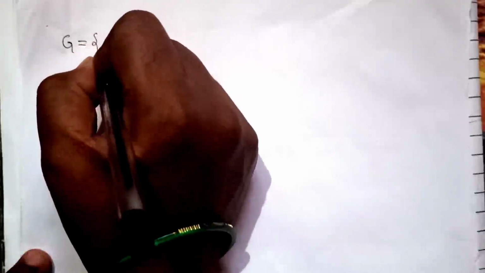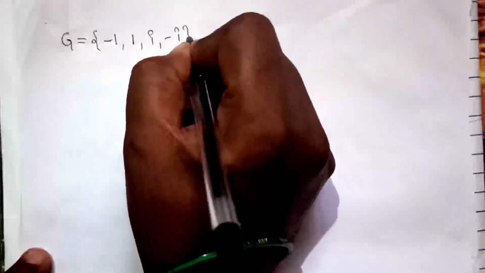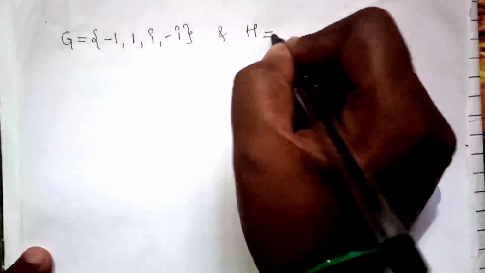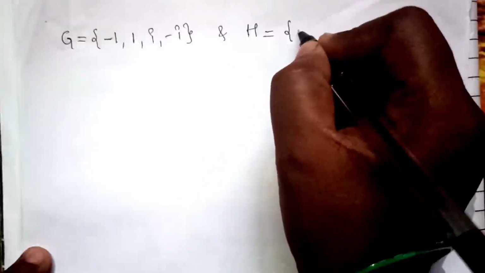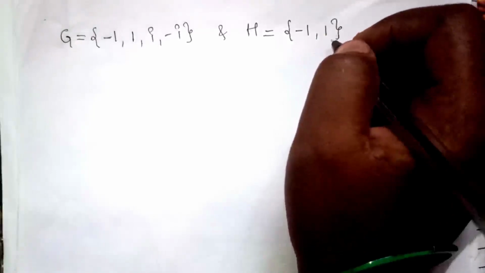Now consider an example. G be a group which has the elements -1, 1, I and -I, and H be a subgroup of G which has the elements -1 and 1.